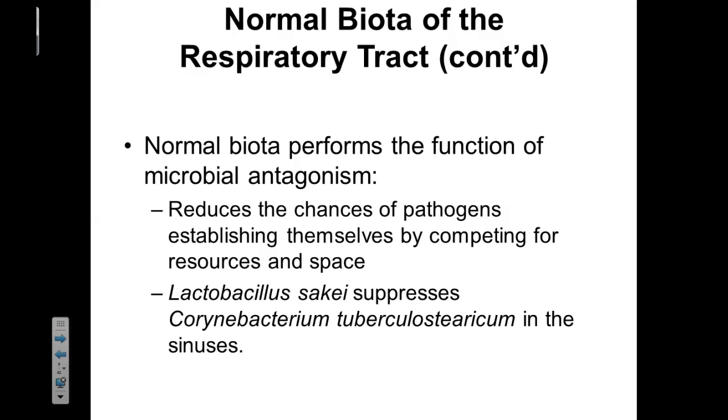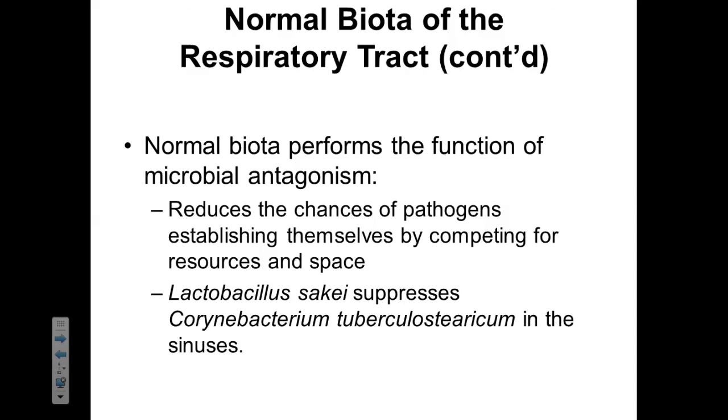This normal biota that's present in our respiratory tract is a part of the normal microbial antagonism that we have. This normal biota helps to outcompete the pathogens that may potentially make us sick or cause a disease state. So these are going to make it so that there's less room, so to speak, for the pathogenic bacteria to grow.